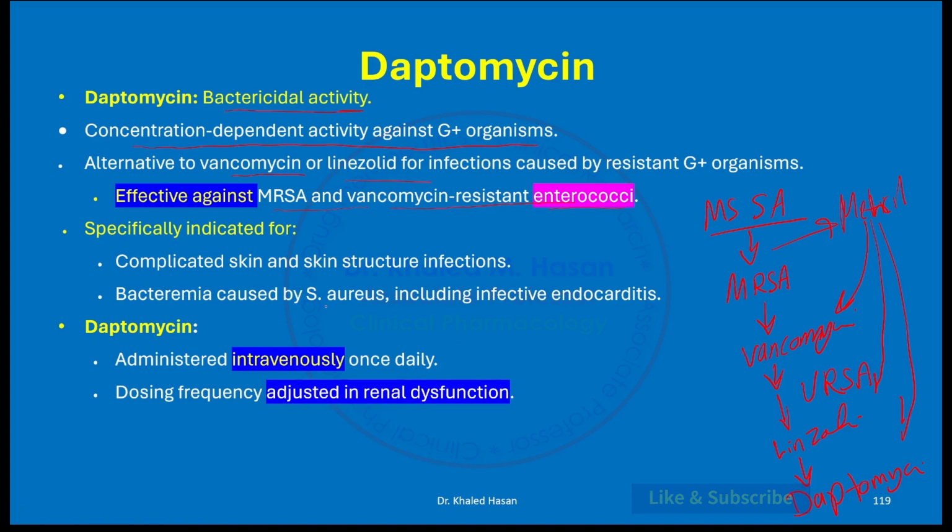This medication could be used for patients with complicated skin and skin structure infection. If the patient also suffers from bacteremia, this medication could be used for the treatment. Bacteremia, endocarditis, think about daptomycin.